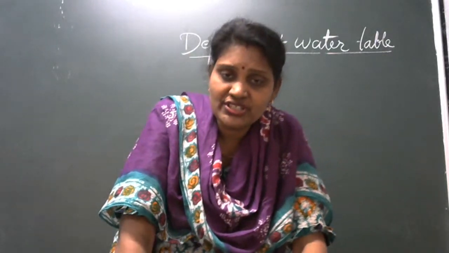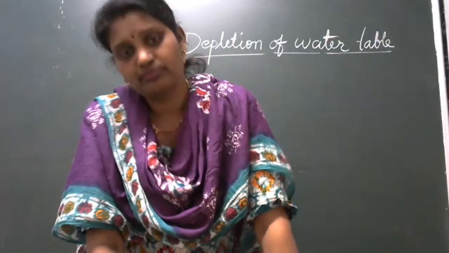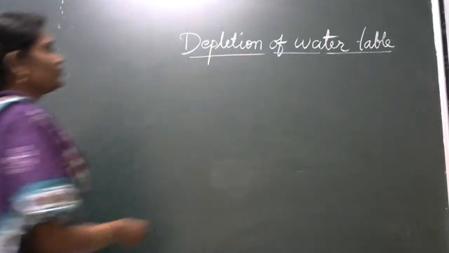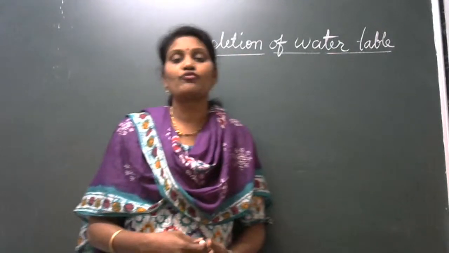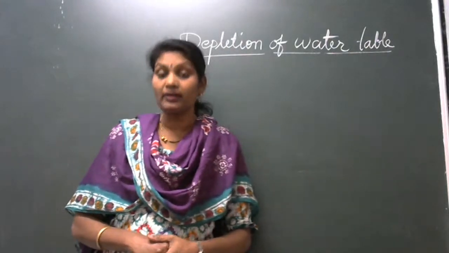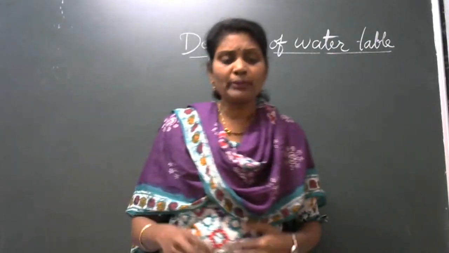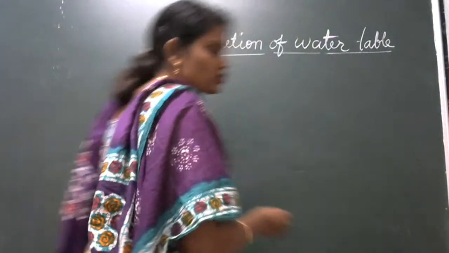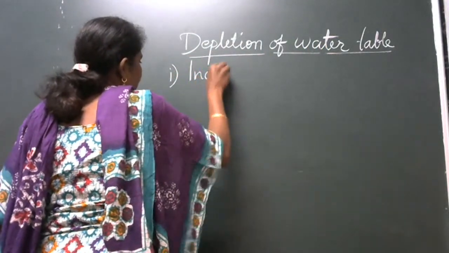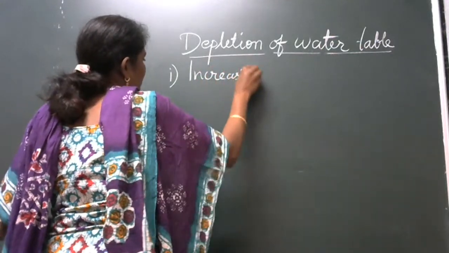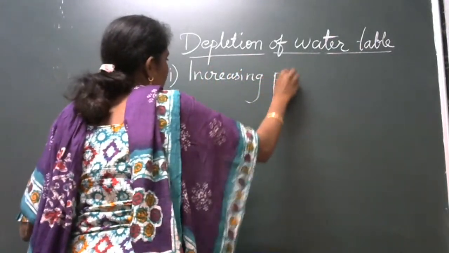Lot of industries. Correct. So I will write one by one, and now we will see the reasons also. What are the causes for the depletion of the water table? One by one we will see in brief. So first of all, increasing population.